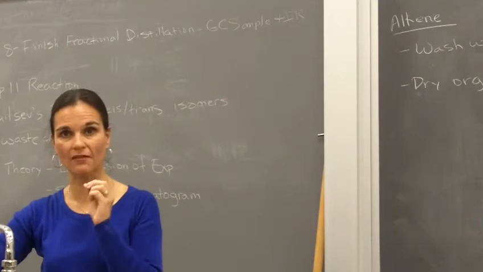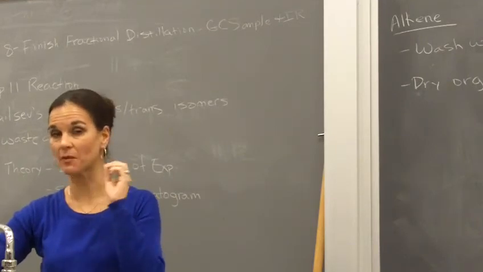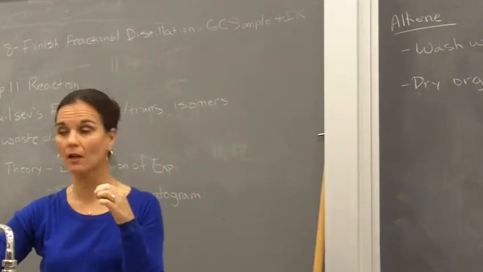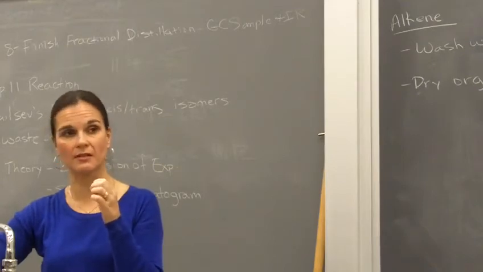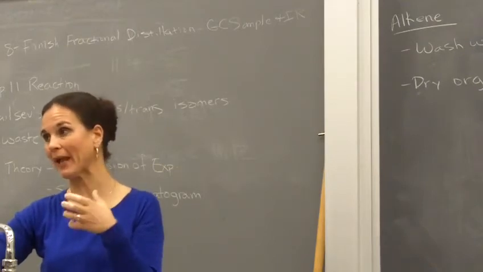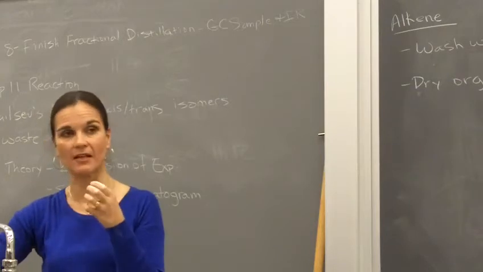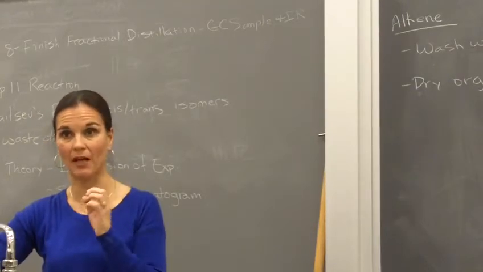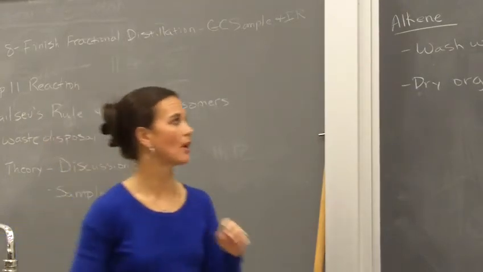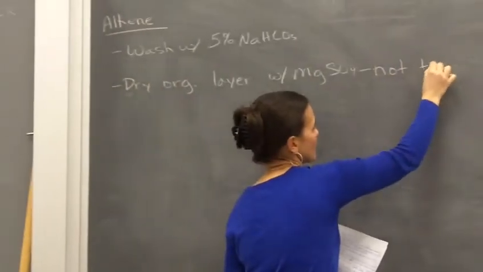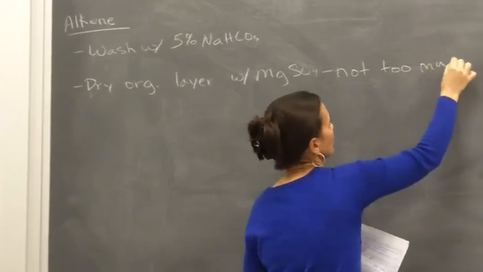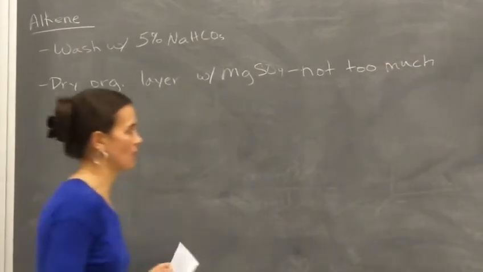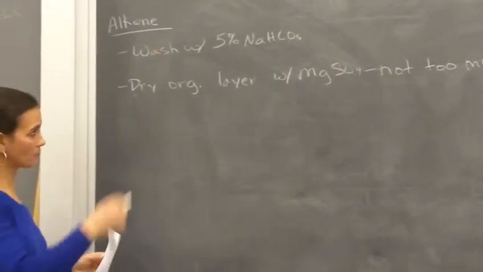So be really careful that you add just enough to have some clumping and a little bit free floating. But be really careful because it's such a small volume, it's really easy to make pancake batter out of it instead of just drying it, okay? So be careful, not too much magnesium sulfate. We don't want to have to add any solvent to it, all right?